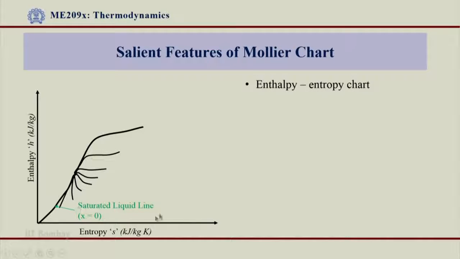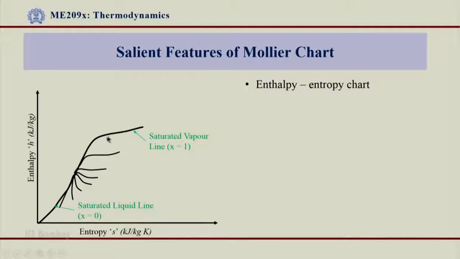Mollier's chart basically represents lines of dryness fraction which we do not see on the steam table or even on phase diagrams. Here one can directly read the value of x from the Mollier chart, which is one of the highlights of this chart. So, obviously when I say x is equal to 0, it is the saturated liquid line, and the other line therefore should be x is equal to 1, which represents the saturated vapor line.